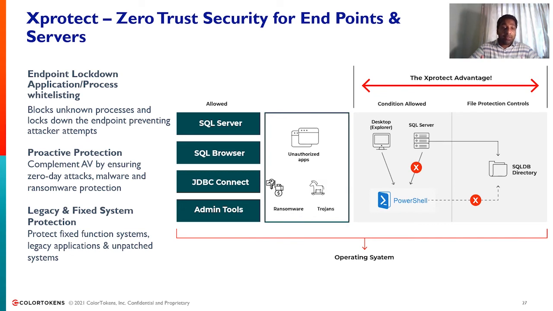In that kind of environment, we also have good protection through ColorToken XProtect, where it provides different layers of services, and we can identify which application accesses which services, and we can allow or deny according to the policies.